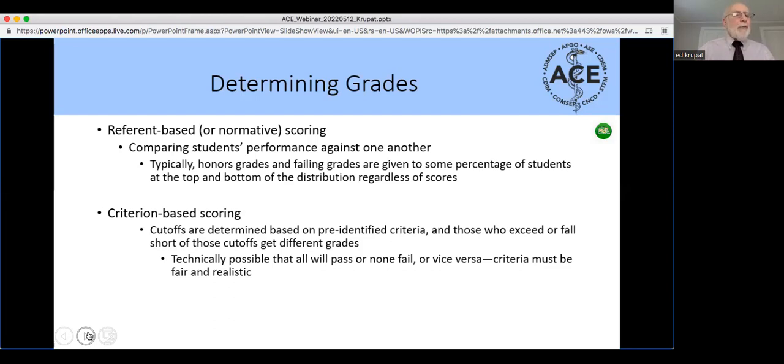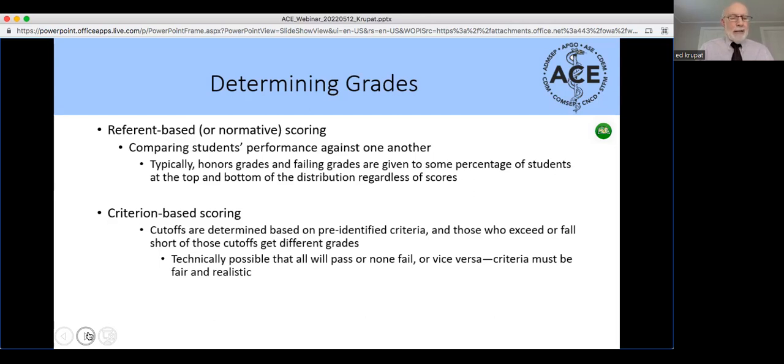See, if I were applying to be a lifeguard and I knew that I had to be able to swim 30 yards in a certain time because that's what it took to save a person, then criterion-based scoring is spectacular because it's not arbitrary and it makes sense.